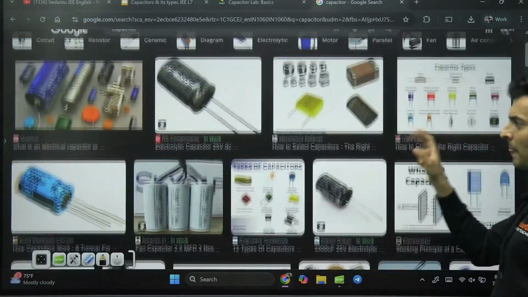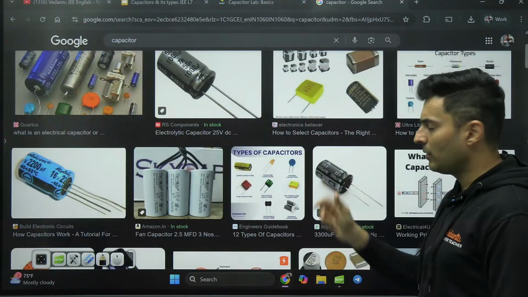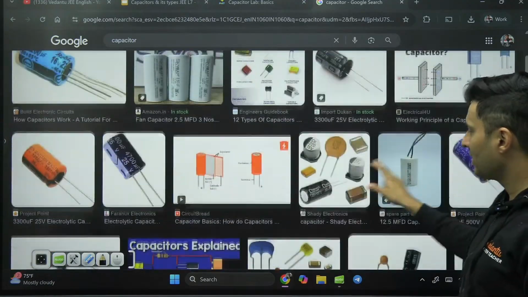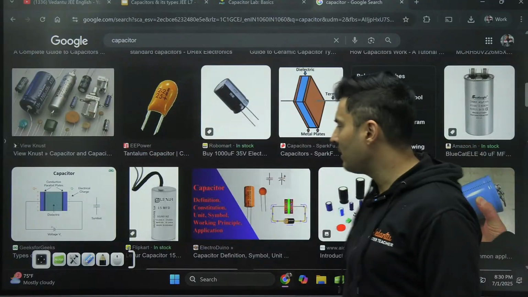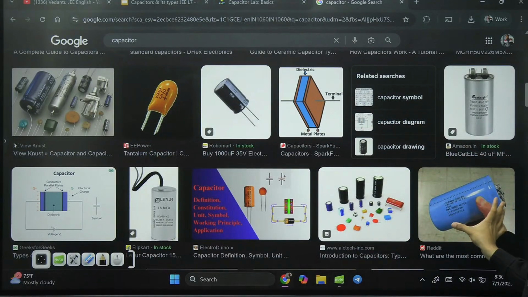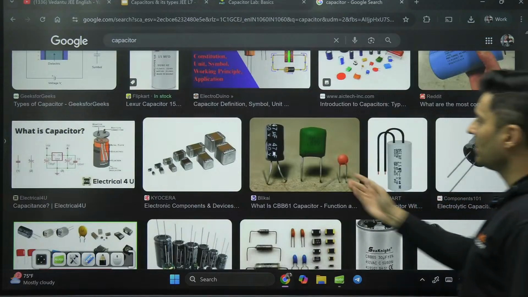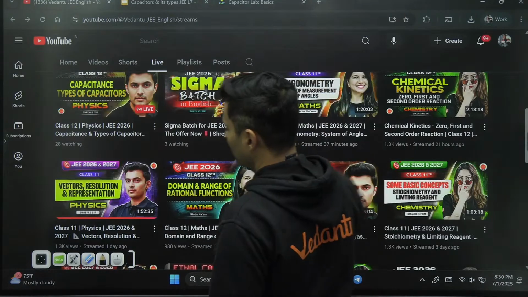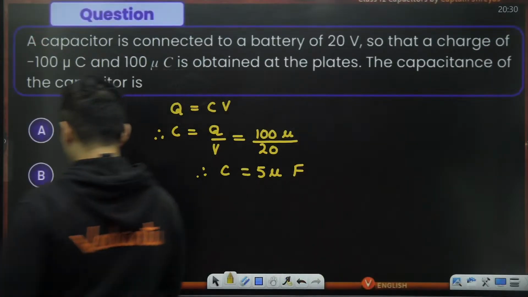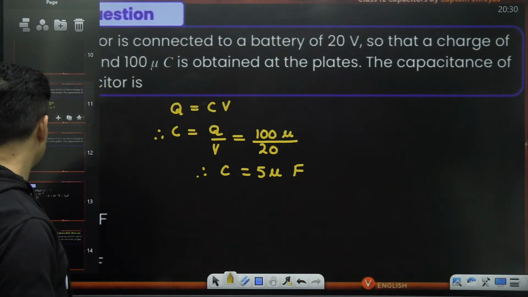You can see that they are barely the size of your finger or your nail. So these are examples of capacitors. This one is a very huge capacitor, very big. Usually they are very, very teeny bits, right? So that's a capacitor. Moving on to the next one on your screen.